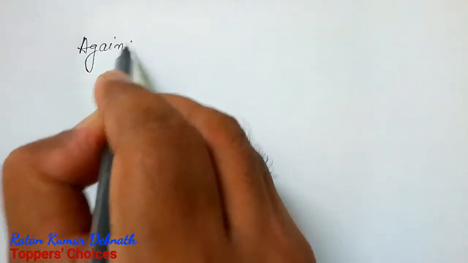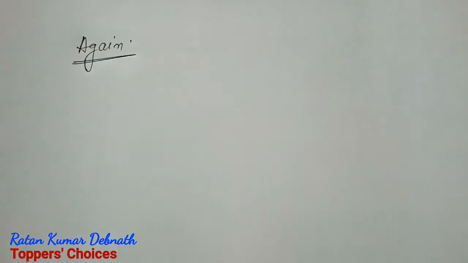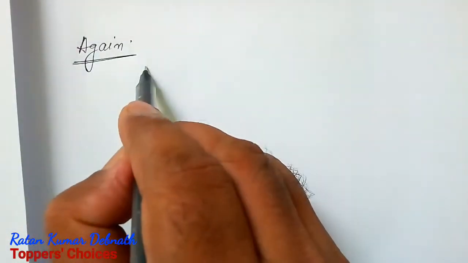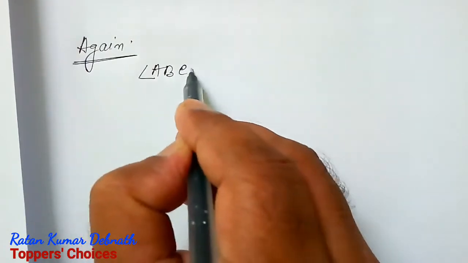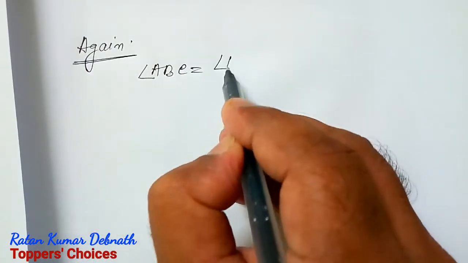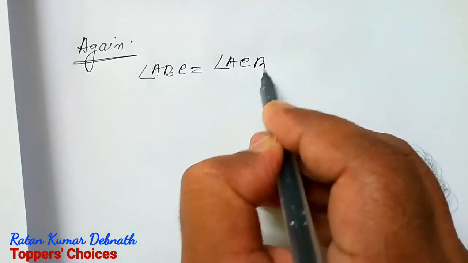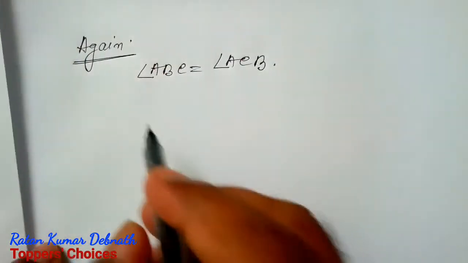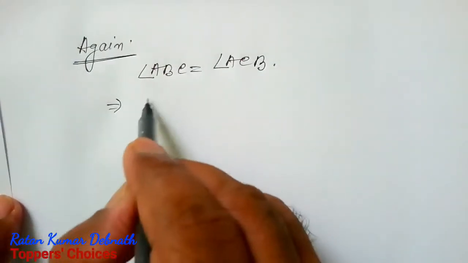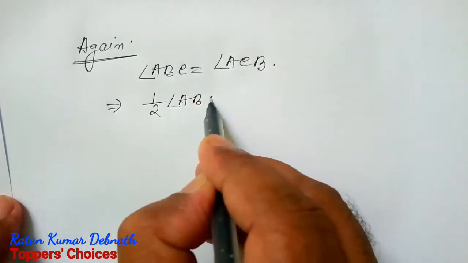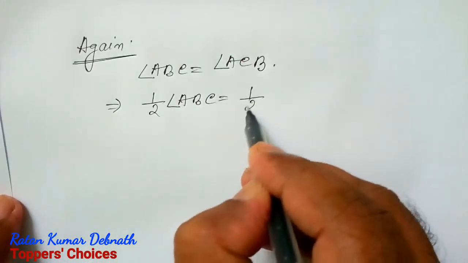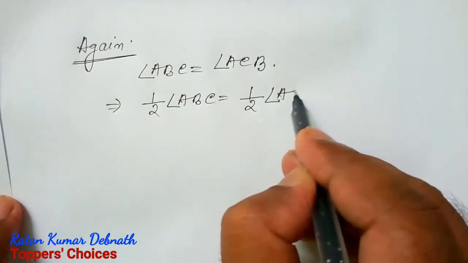Again, since we have angle ABC equal to angle ACB, that is half of angle ABC equal to half of angle ACB.